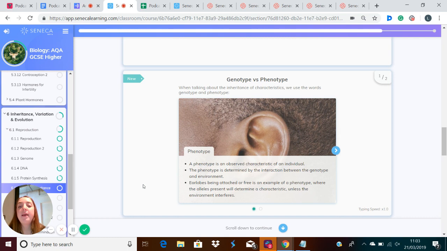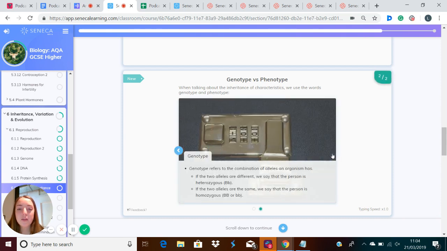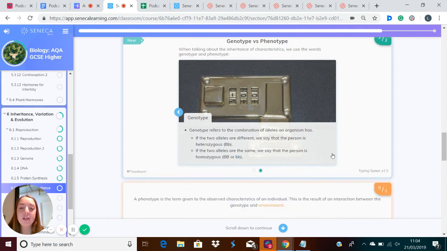For example, earlobes being attached or free-hanging is an example of a phenotype, where the alleles present will determine a characteristic unless the environment interferes. The genotype refers to the combination of alleles that an organism has. If two alleles are different, we say that the person is heterozygous for that gene. If the two alleles are the same, we say that the person is homozygous for that gene.